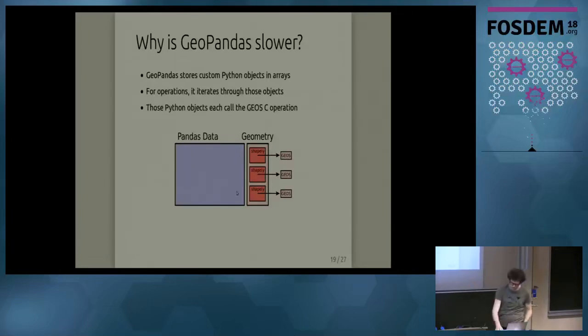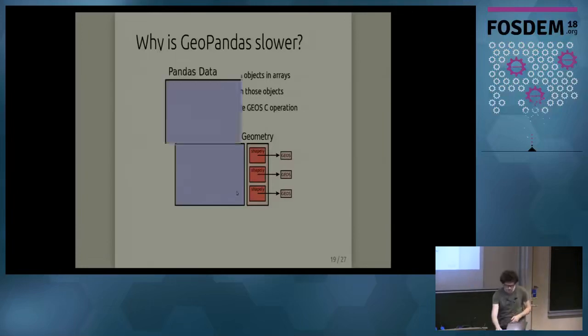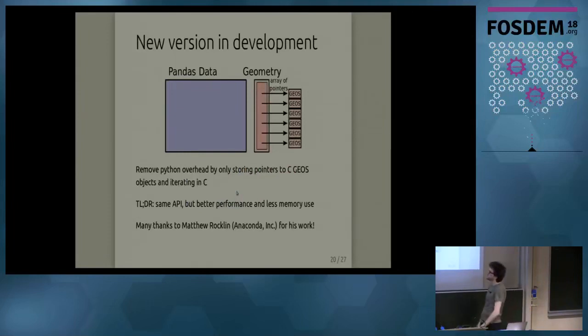Luckily, there is a new version of GeoPandas in development, which tries to reduce this overhead by only storing the pointers to the actual geometry objects and calling GEOS directly. But still, if you access a single point, you get a nice Shapely geometry object. So it will have exactly the same API, but much better performance and also memory use.